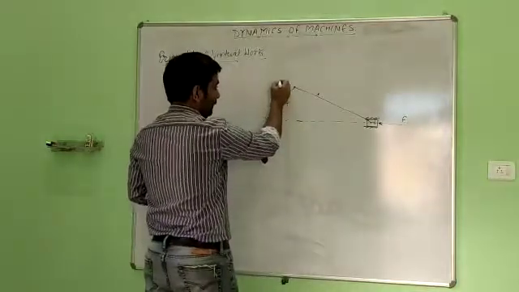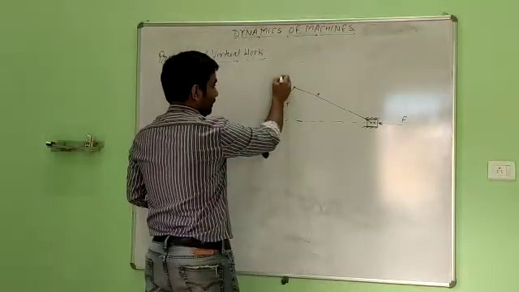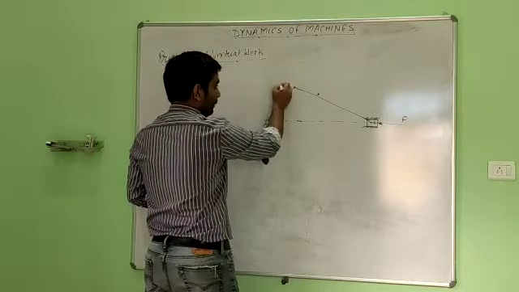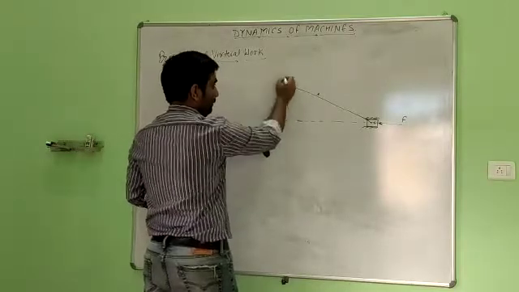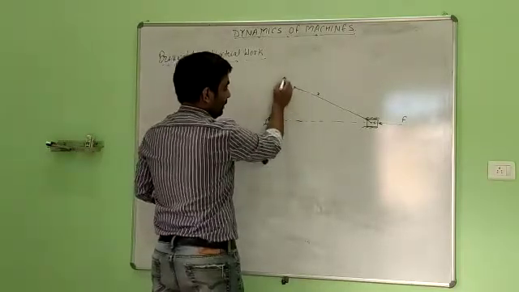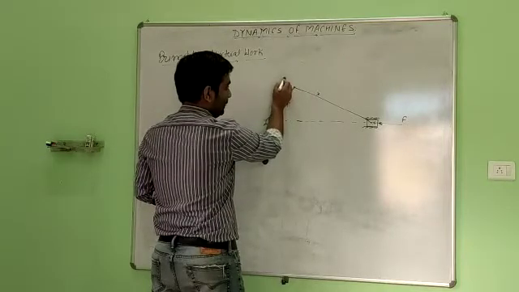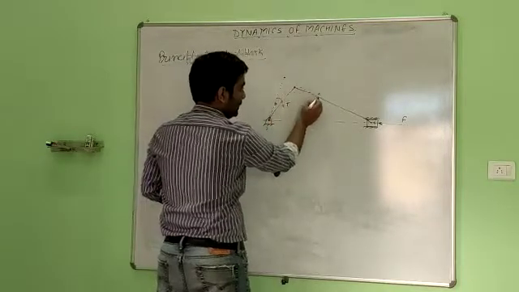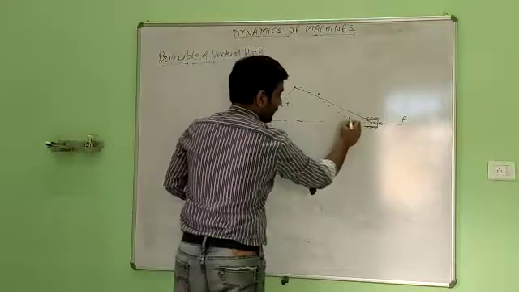So, let's say we have a virtual displacement, a very small amount of displacement. Here the displacement looks large, but it is a very small amount of displacement.